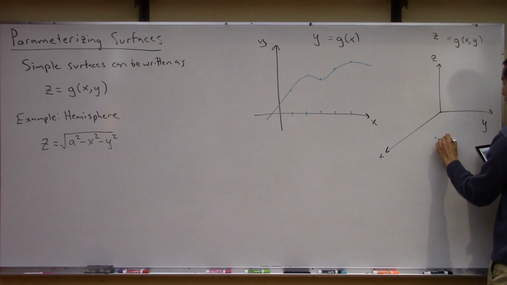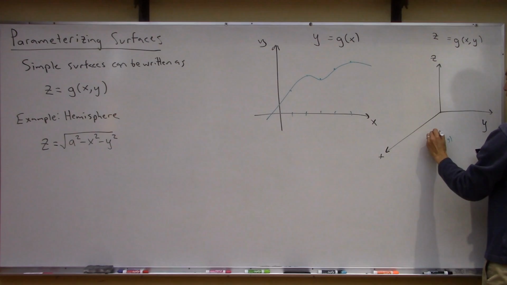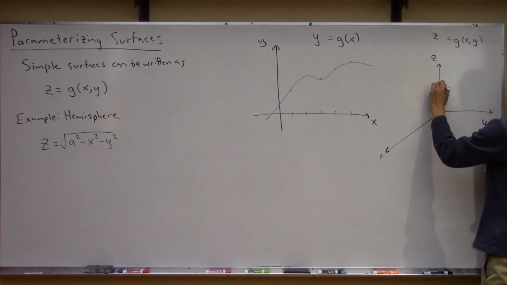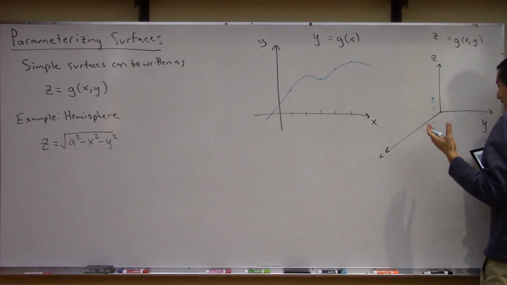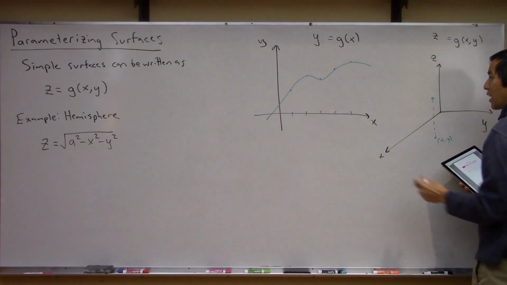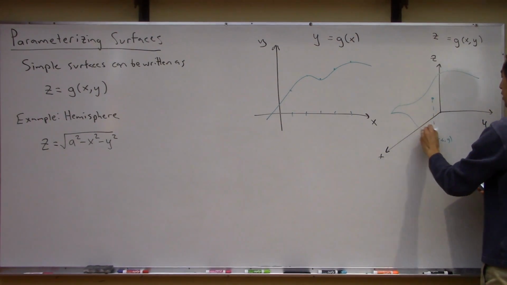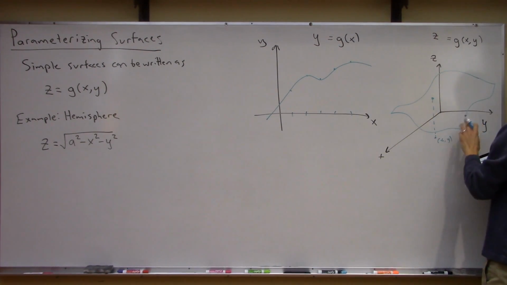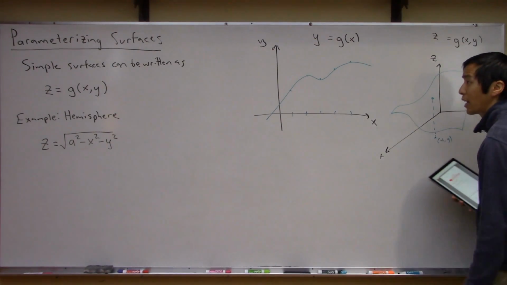This is like my xy, right? And the idea now is that this function g is going to take this and assign to it a value z, right? So again, you do this, and now what you can see is instead of getting a single curve or a line, this function g is going to describe some kind of surface overlaying some domain in the xy plane, right? So that's the general idea with the surface.